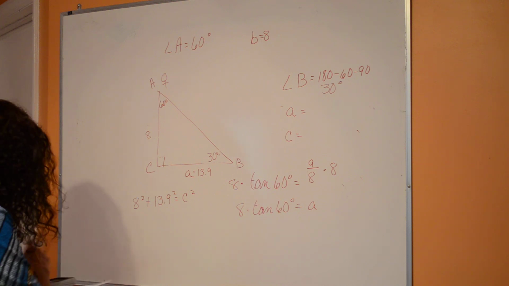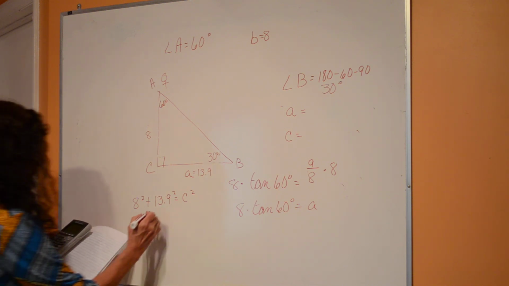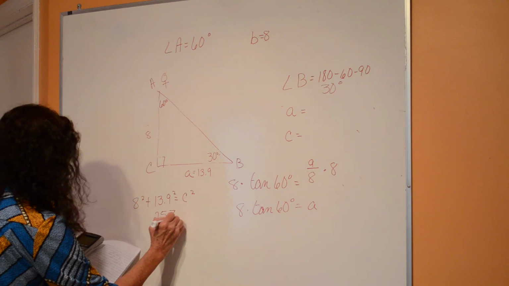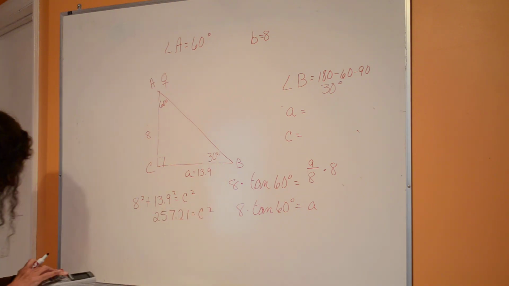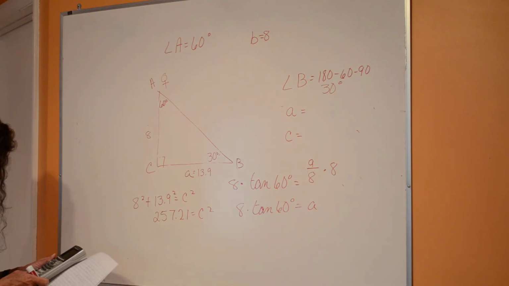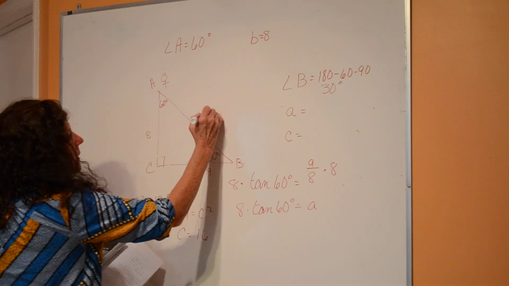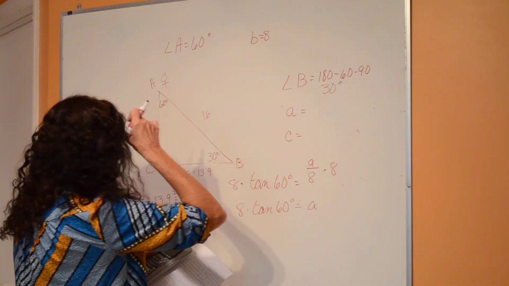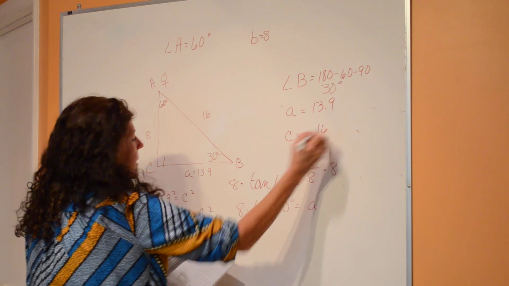When I do that, let's see, let's do this out, 64 plus 13.9 squared, that's going to give me 257.21 is c squared, and then when I take the square root of it, it's going to give me approximately 16. So I find that A is 13.9 and C is 16.